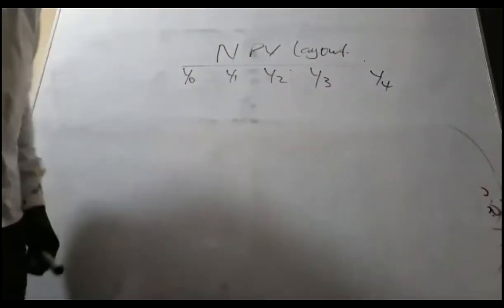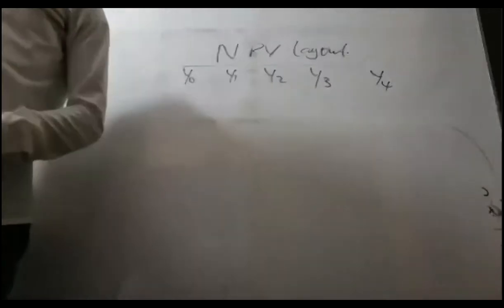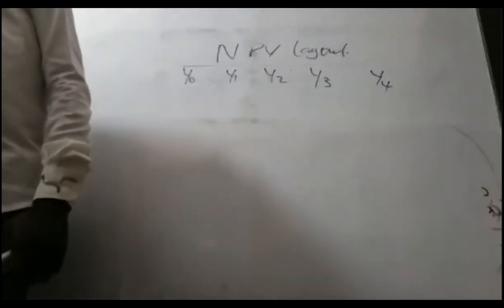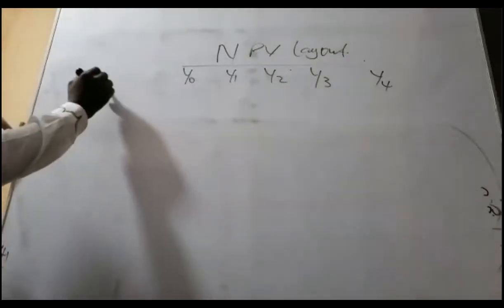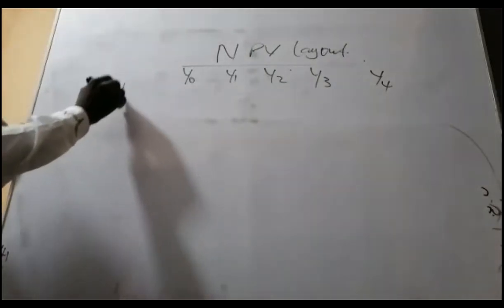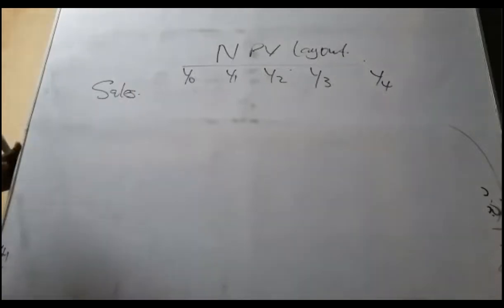I hope tax is not paid 1 year in arrears, otherwise we have to add 1 year to it. Good. So start from sales. Our sales will be here. We're going to do workings and bring it in.